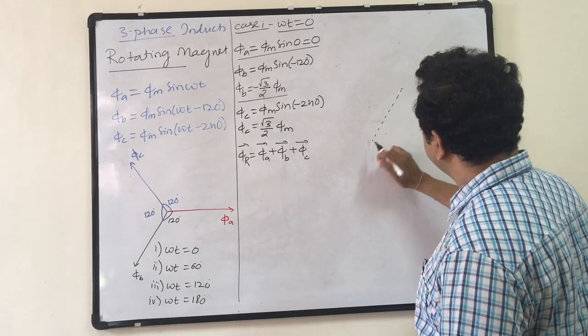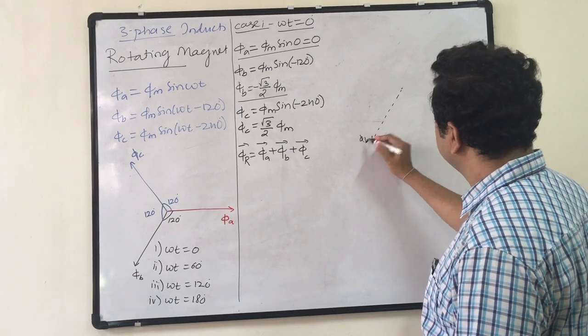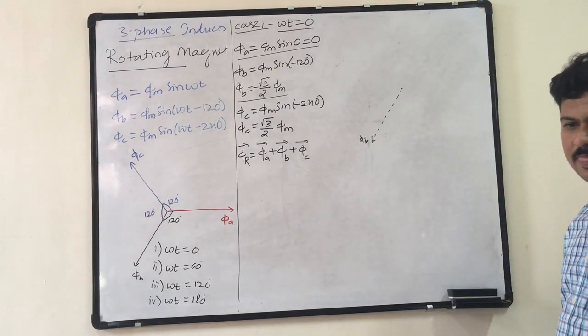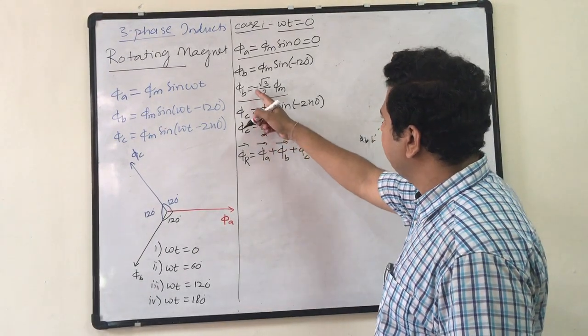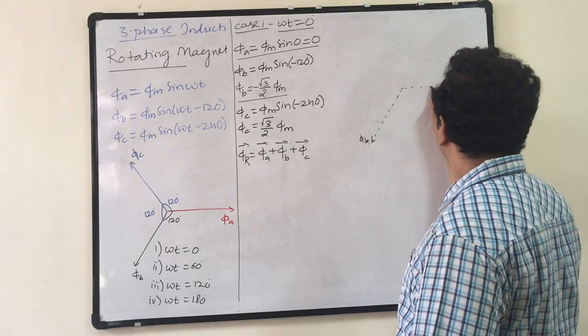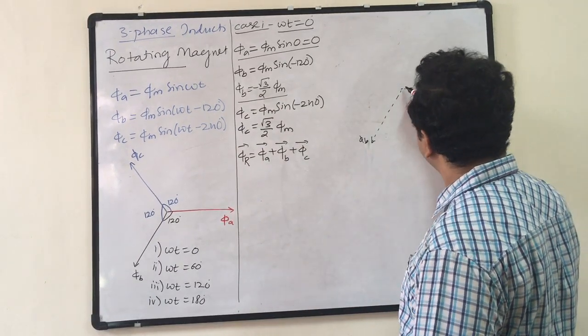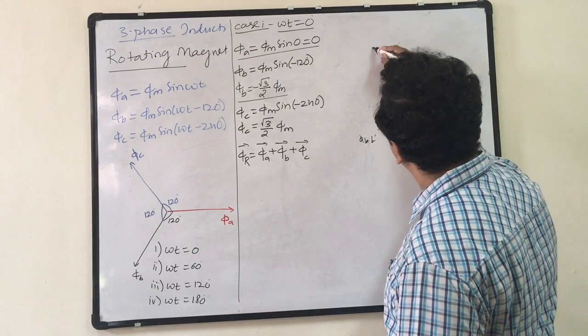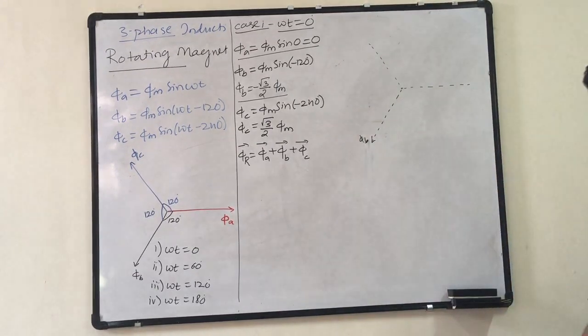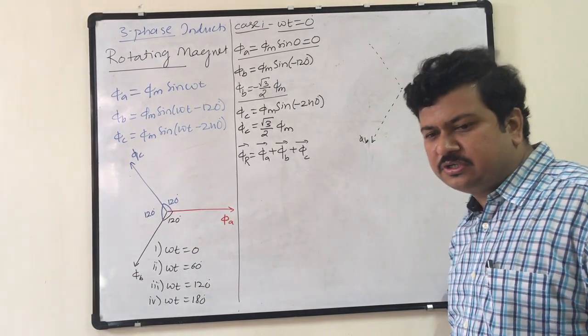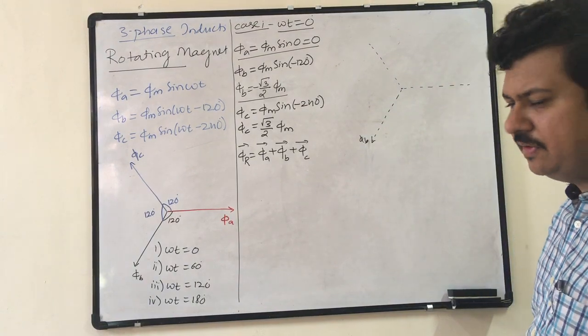So this was the actual direction of phi b. Now the direction of phi b is opposite, minus. This is the reference, the positive x-axis is the reference. So these are the three original vector positions, the original positions of the three vectors.